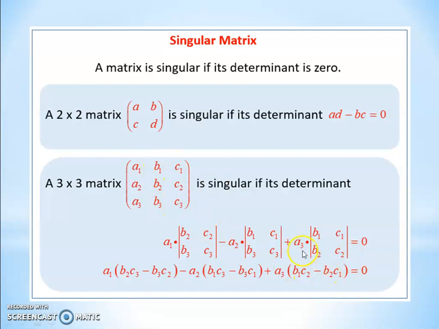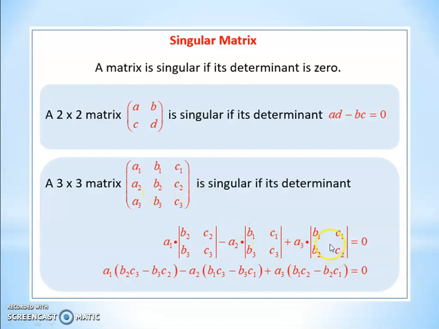Now the third is plus, so A3 remains the same. We skip the third row, first column. What is remaining? B1, C1, B2, C2.